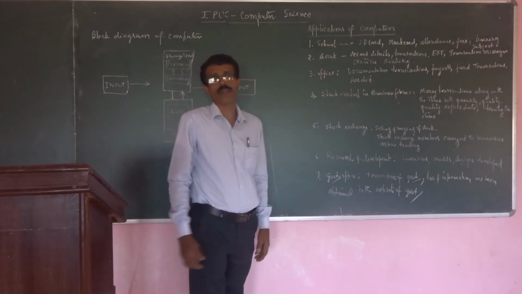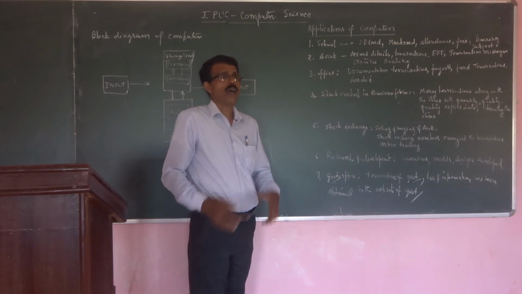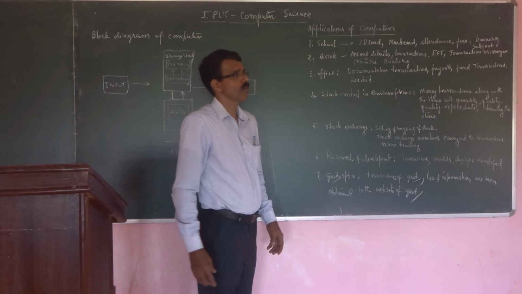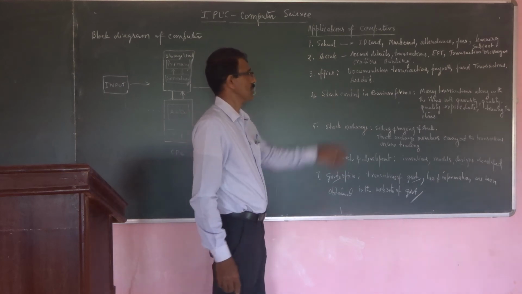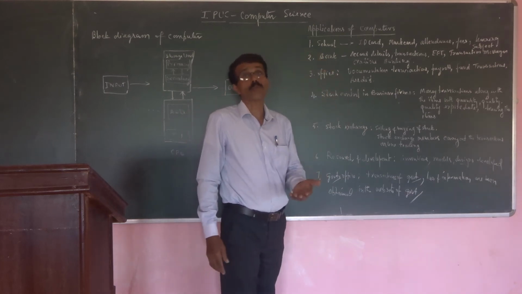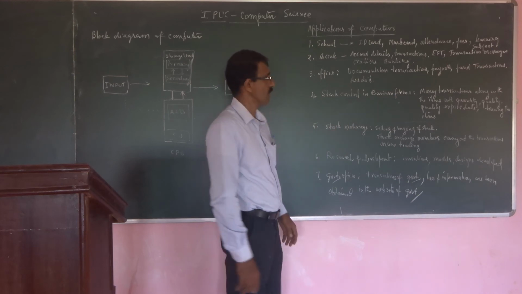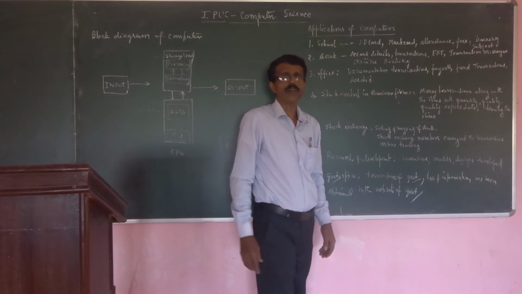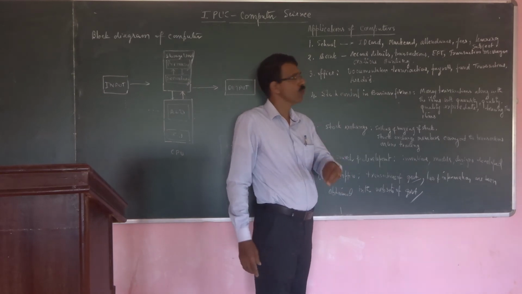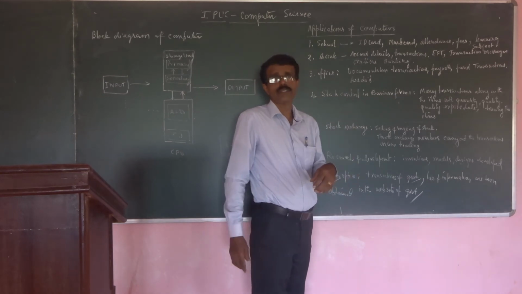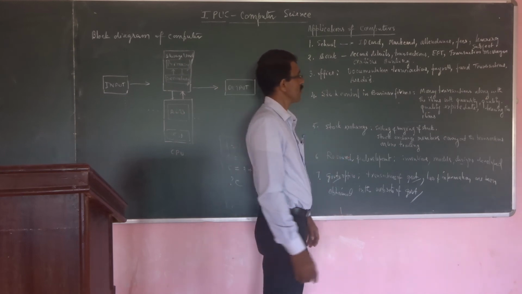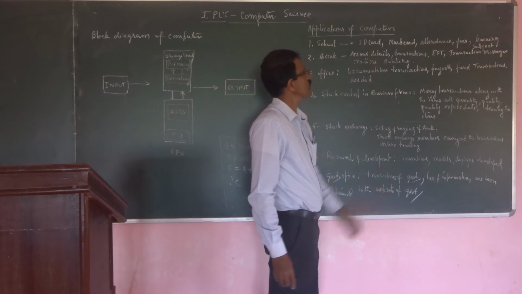For example, if you are using a desktop, a simple general purpose computer, in a school, for what purpose can you use that device? In order to prepare the ID card of a student, college or school ID card, you can use a computer system.